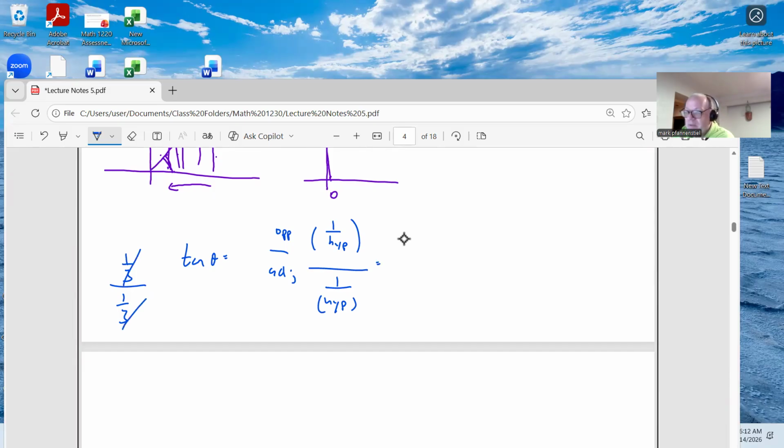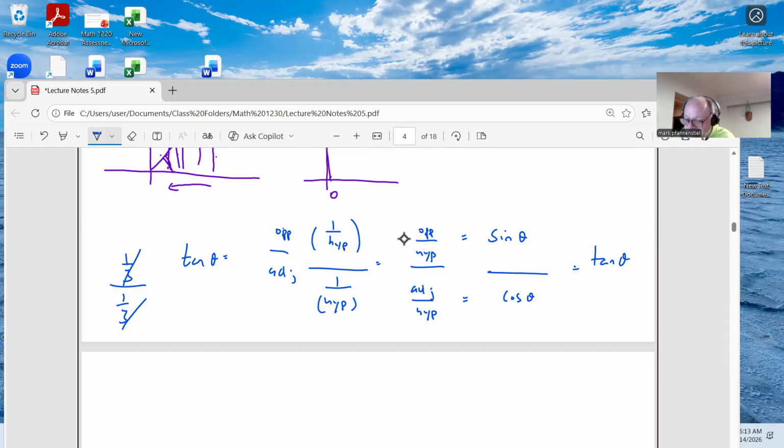And then we could say, okay, how do we evaluate that fraction? That's going to be opposite over hypotenuse divided by adjacent over hypotenuse. I could swear that I told you what opposite over hypotenuse was before. That's sine of an angle. Adjacent over hypotenuse, that's a cosine of the angle. So tangent is simply the sine over the cosine.